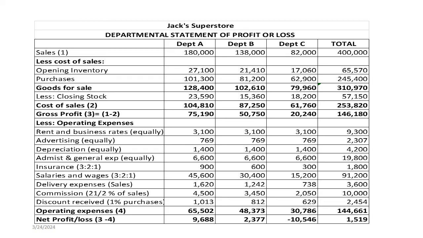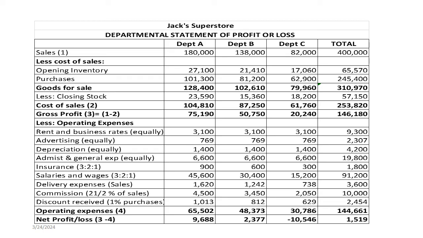So for delivery expenses that have to be shared based on sales value, we take the sales value of Department A, which is 180,000, over total sales 400, times the total delivery expenses, 3,600. This is how we arrive at 1,620.